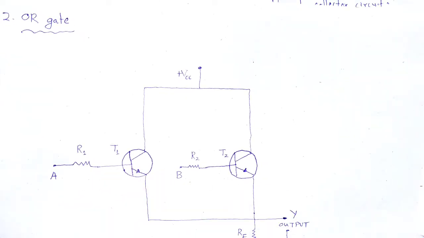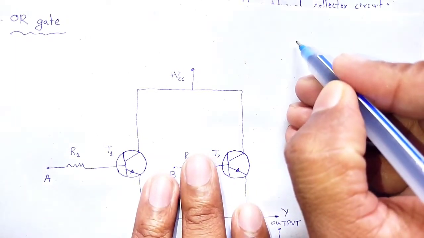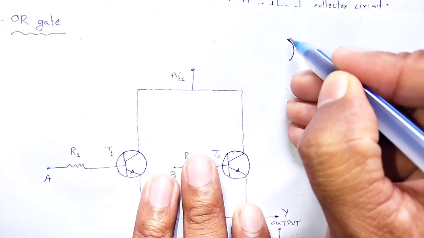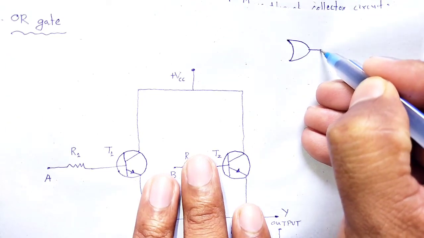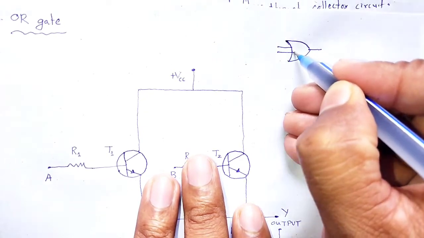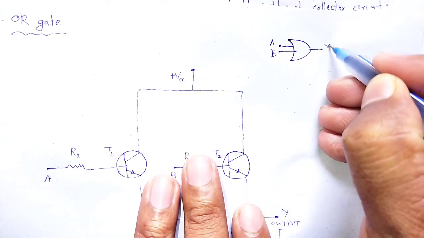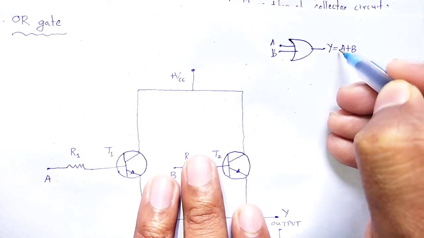For the OR gate, we know the symbol of the OR gate has two inputs A, B, and output Y is equal to A plus B, that is A or B.